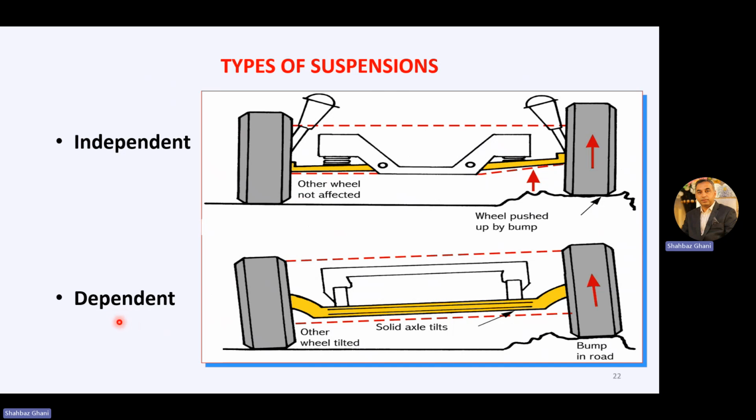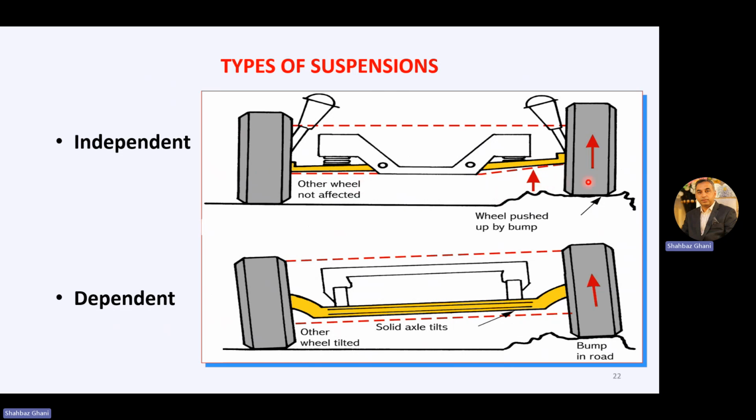When we have a dependent suspension system in a vehicle, it is fixed. One wheel is attached to the other wheel with a solid axle. So when we have a bump on one side, it will be felt on the other side also. But if we have an independent suspension system, there will be no solid axle directly connecting one wheel to the other wheel.